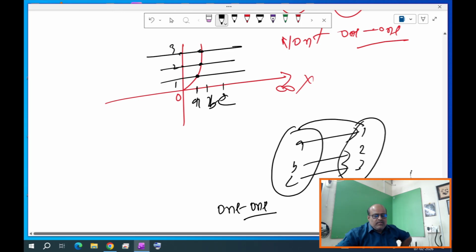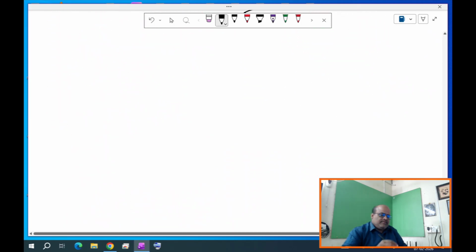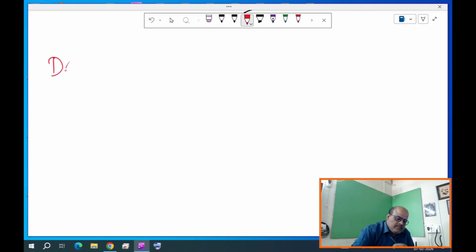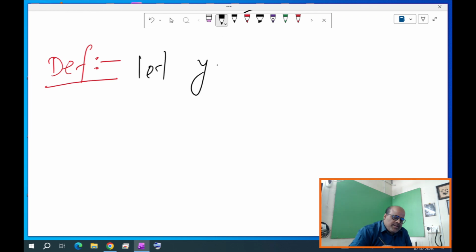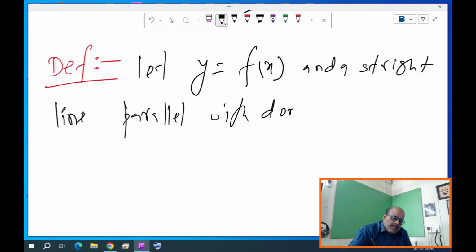Okay, now I will write again the definition of a 1-1 function by graphical representation. First decide: let the function be a function of x, given. Next, draw a straight line parallel to the domain axis.